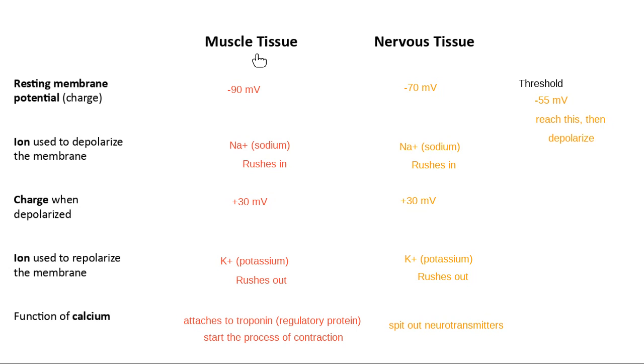That's not going to bring in very much sodium. I might just contract a little part of my membrane, but if I get 20 neurotransmitter messages, I'm going to have a really strong muscle contraction because I'm going to bring in a whole bunch more sodium across more places in my membrane.